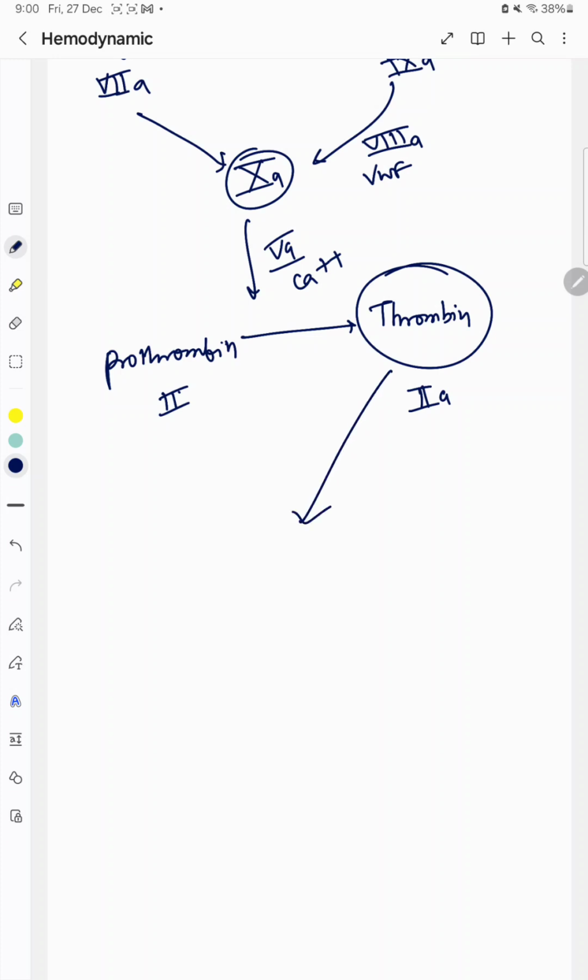Now thrombin converts fibrinogen into fibrin monomer.